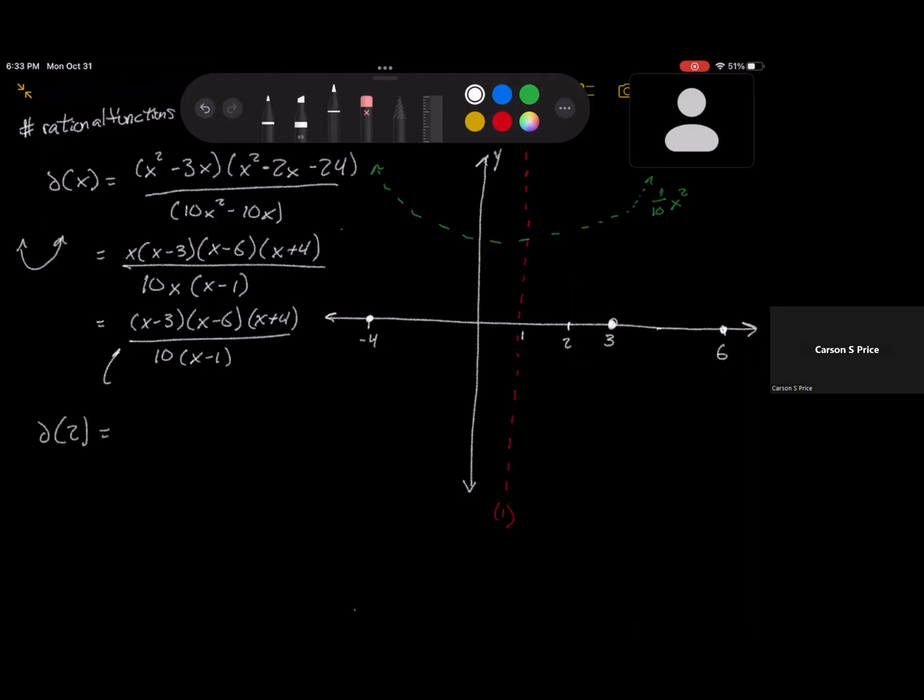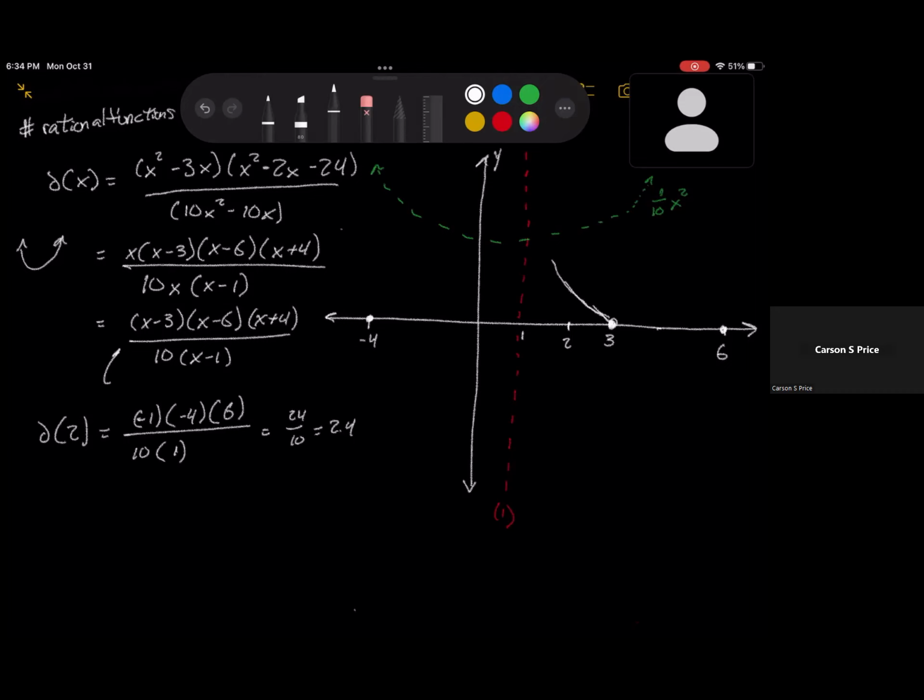So I can use my simplified version here. If I plug in a 2 into this, I end up with a minus 1 in the first factor, a minus 4 in the next, a 6 in the next, and divided by just a 10. So in total, what do I have on top? I've got 4 times 6, which is going to be a 24 over a 10, 2.4. So it is a positive number. So I'm going to go up like this.